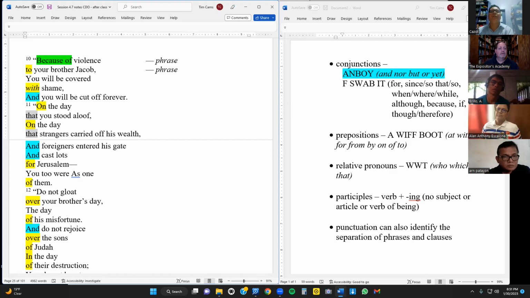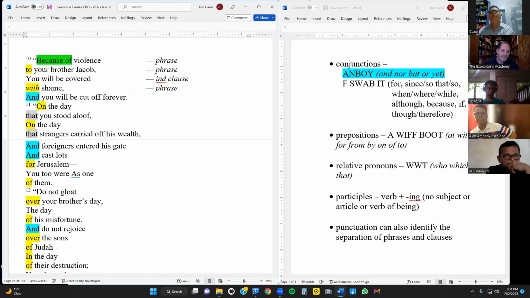A clause. Very good. It's a clause, and we already said it's independent, right? It can stand alone. Yes. Okay. How about with shame? Phrase or clause? Is there any verb? Phrase. Yeah, phrase. There's no verb.